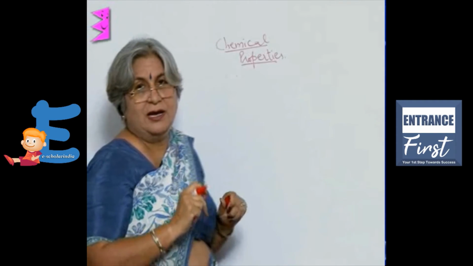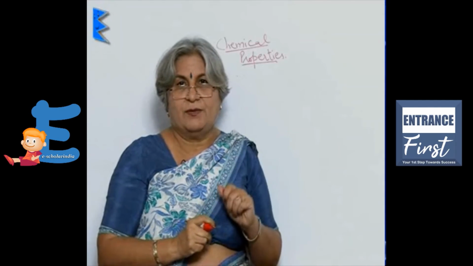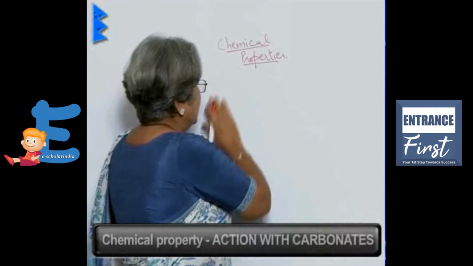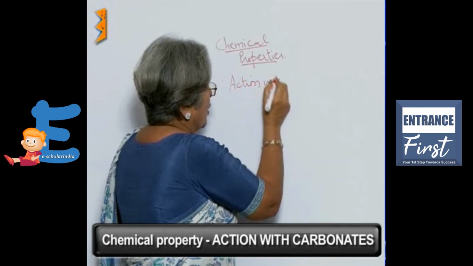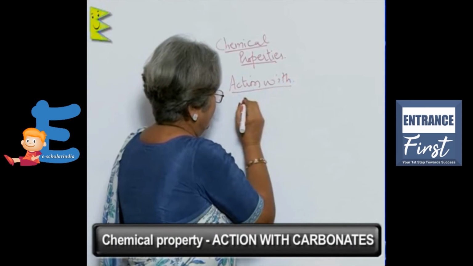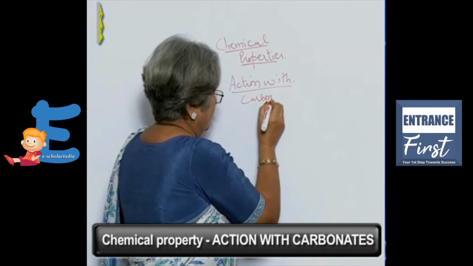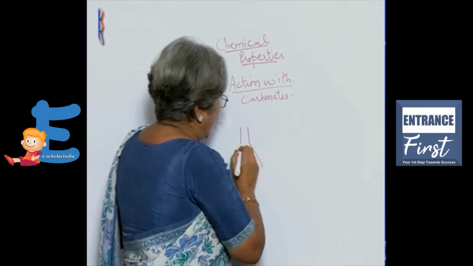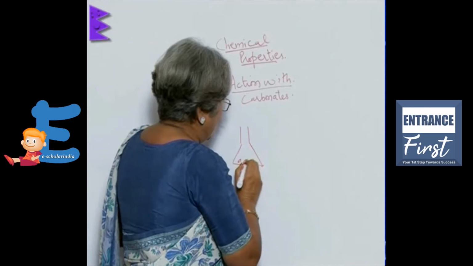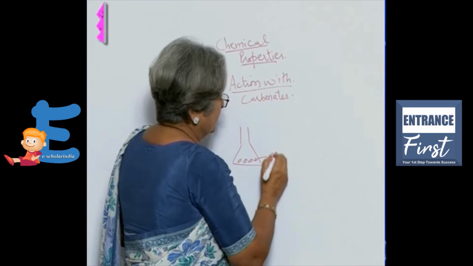And that's not all, acids also react with carbonates. So next property is action with carbonates. In a conical flask, you can take marble chips.